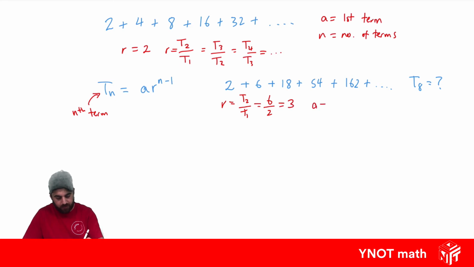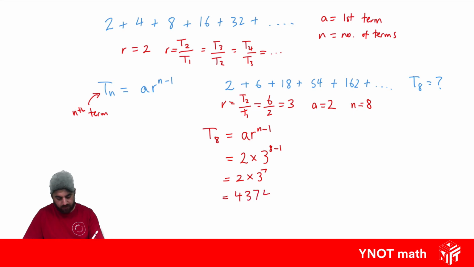We know our a is equal to 2, that's our first term. And our n in this case is going to be 8 because we're after the 8th term. So we can use our formula, a times r to the n minus 1. So a is equal to 2, times our common ratio, which is 3, to the power of 8 minus 1. So we get 2 times 3 to the power of 7, which is going to give us 4,374.